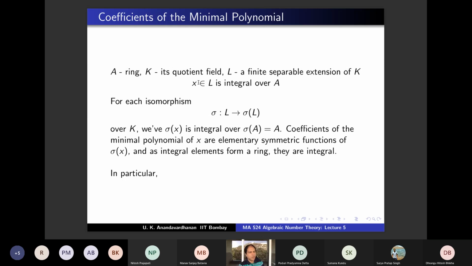It's monic, therefore n minus 1 many other coefficients. And there are two of them which have particular names, no? What are they? The constant coefficient, the last one, and the second coefficient, the coefficient of degree n minus 1. These two have some names, no?